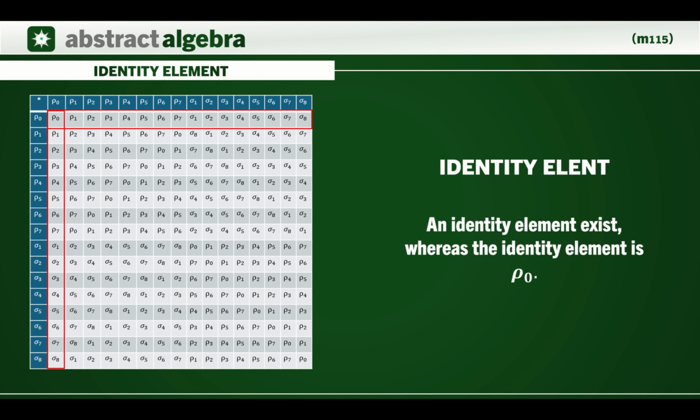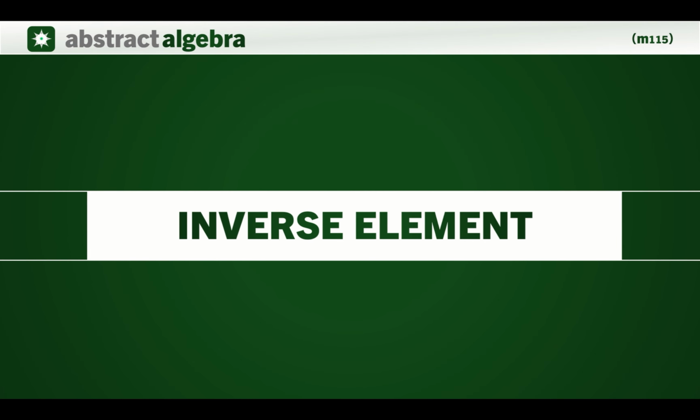When we perform a binary operation on two elements, the resulting element is the element that we performed it on. For example, rho sub 0 star rho sub 0 is equal to rho sub 0. Rho sub 1 star rho sub 0 is equal to rho sub 1. So rho sub 1 is the result itself when we perform a binary operation with rho sub 0. Therefore, an identity element exists.